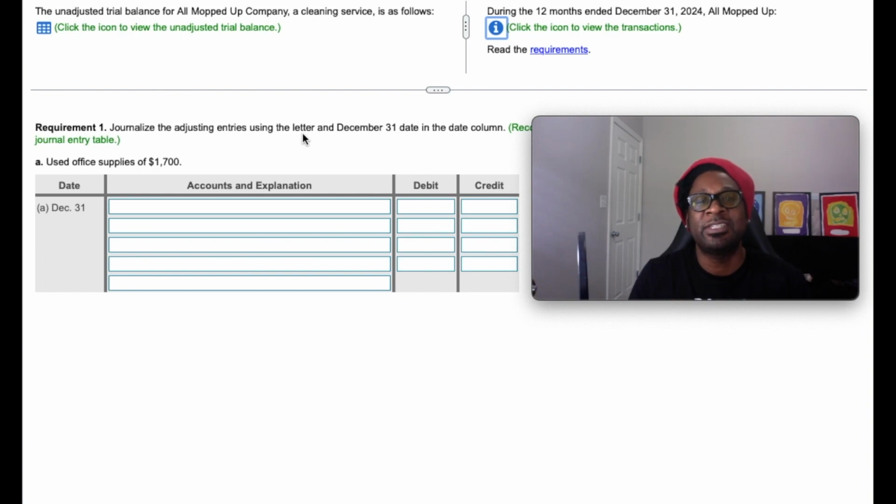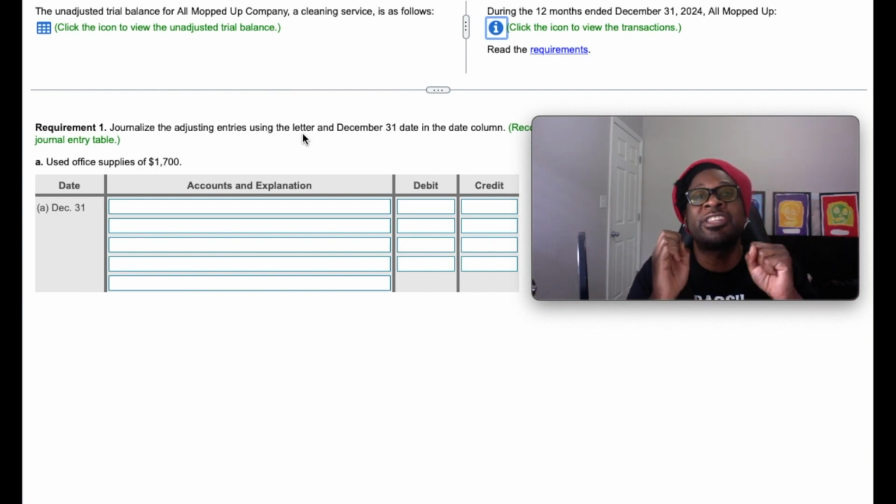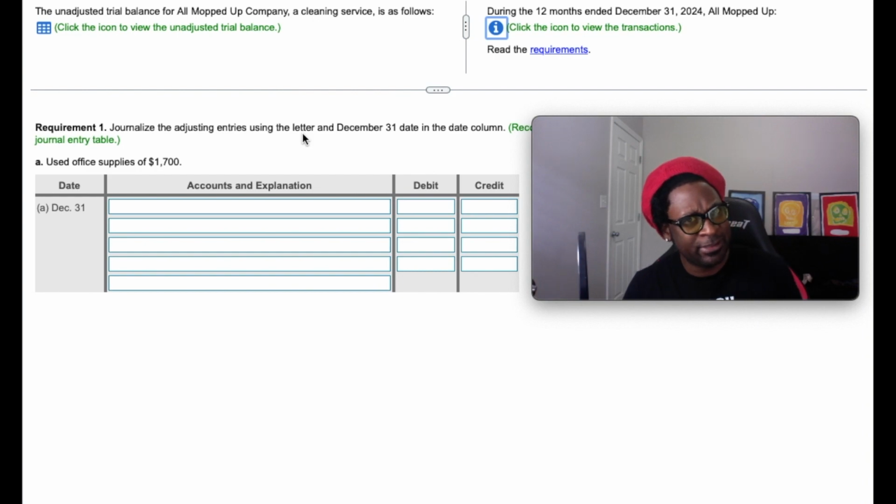In terms of these 5 particular adjusted entry transactions, we know that we have certain accounts that will be adjusted. However, based on the information that's given within the transaction, it will provide either the amount to adjust by or the proper ending balance that we have to use to calculate the adjusted amount. You see the difference?